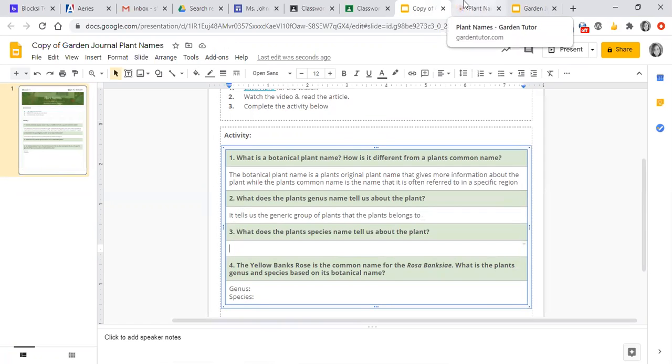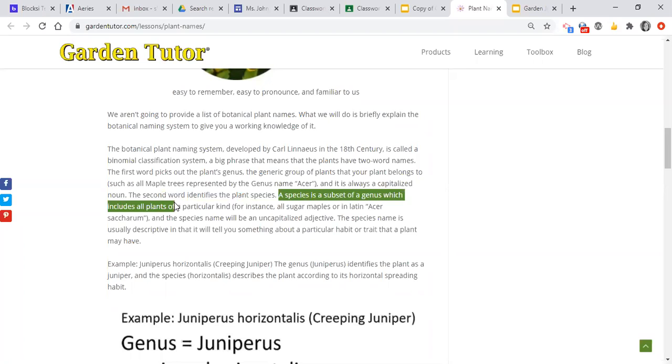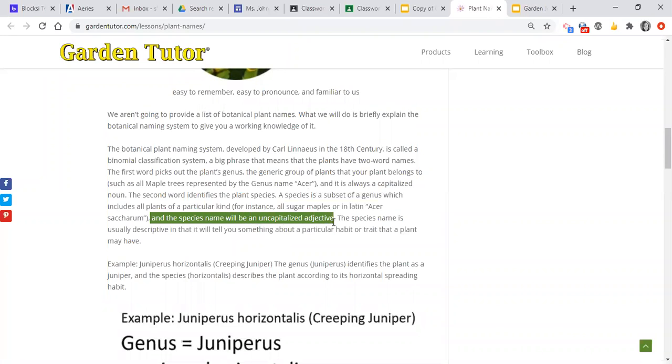Okay, so now let's figure out what the species name tells us. The second word identifies the plant species. A species is a subset of a genus, which includes all the plants of a particular kind. And they give us an example here, all sugar maples, or the Latin Acer saccharum, I'm not sure how to say that. And the species name will be the uncapitalized adjective.